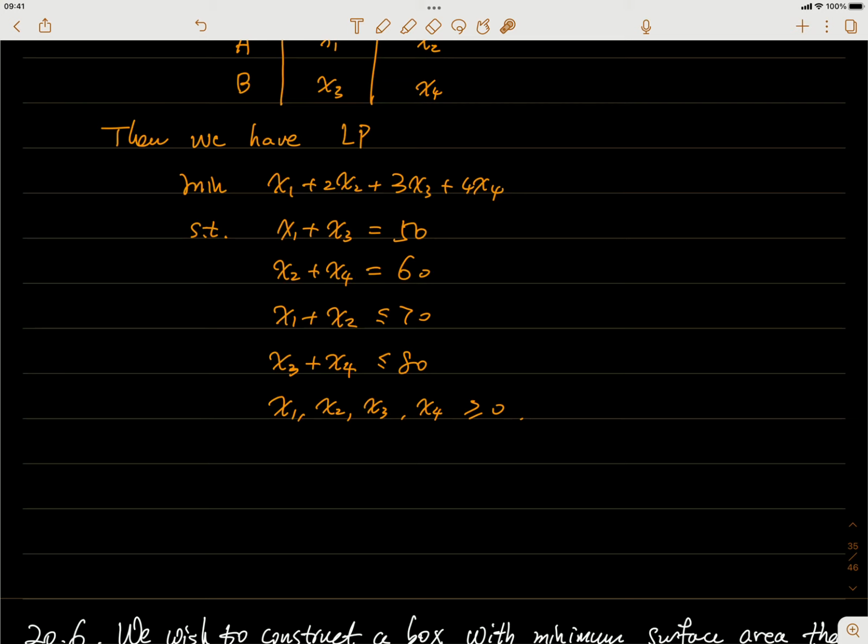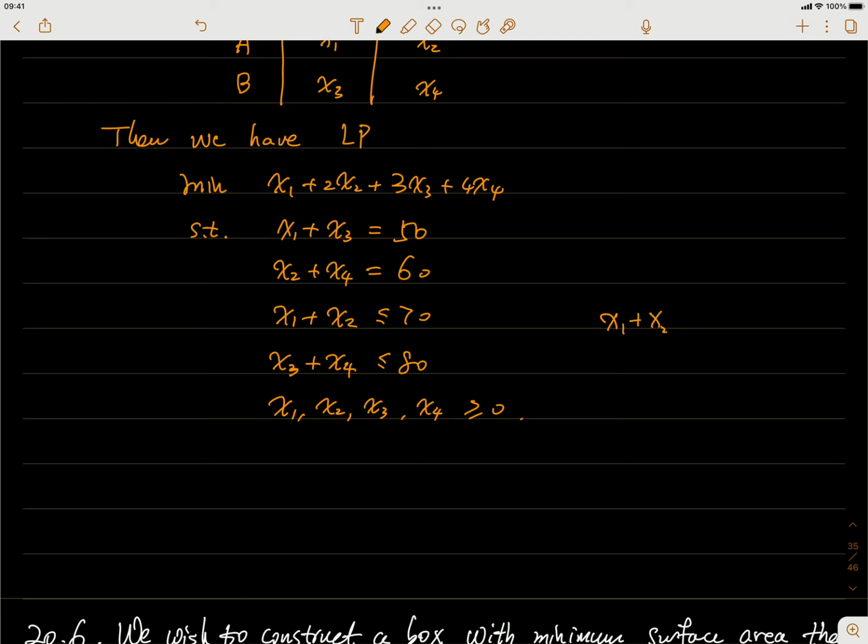For example, here you need to add a slack variable, call it y1, so that y1 is nonnegative, but the sum of x1, x2, and y1 is equal to 70. Similarly, you need to add one more slack variable in here. So eventually you have not only x1 through x4, but also y1, y2. So this is our standard form.